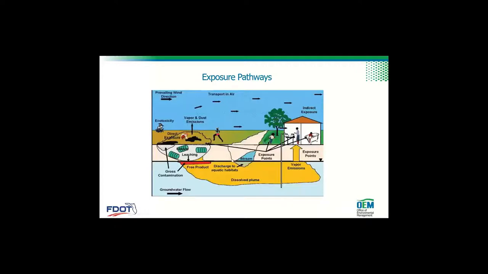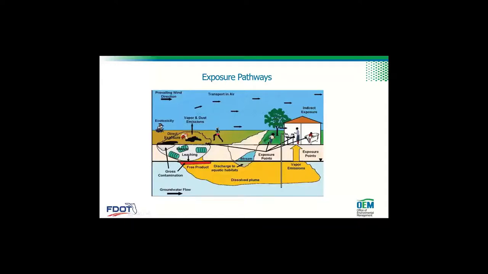So in this example, there's a source of some drums, and most of the time it's an underground storage tank for petroleum. And this looks like it might be petroleum because it's floating on the surface of the water. But anyway, when we build a road, we don't want to exacerbate this.